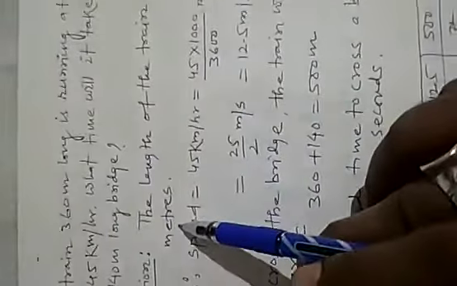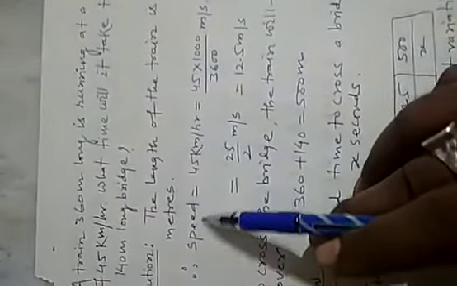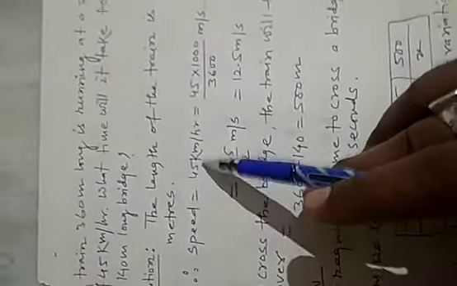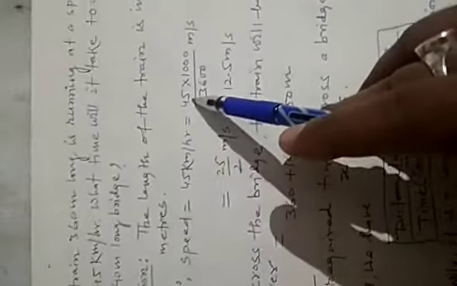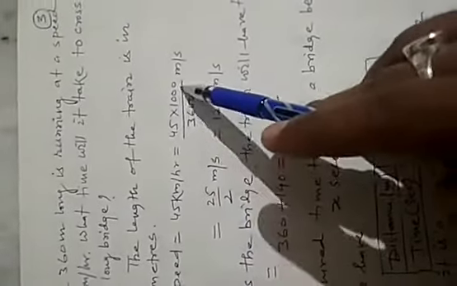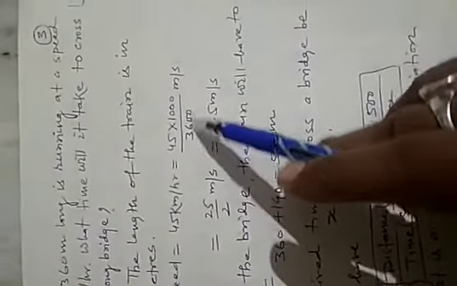Solution is here. The length of the train is in meters. So, speed is equal 45 km per hour is equal to 45 into 1000 by 3600.